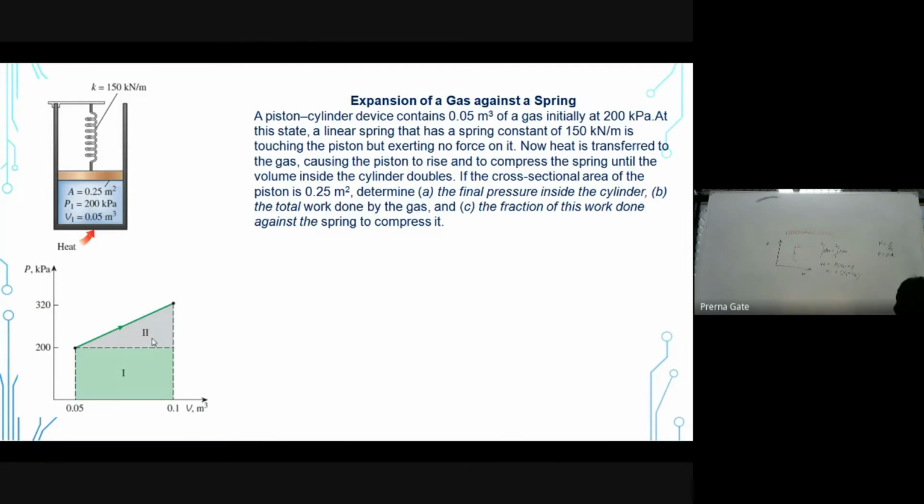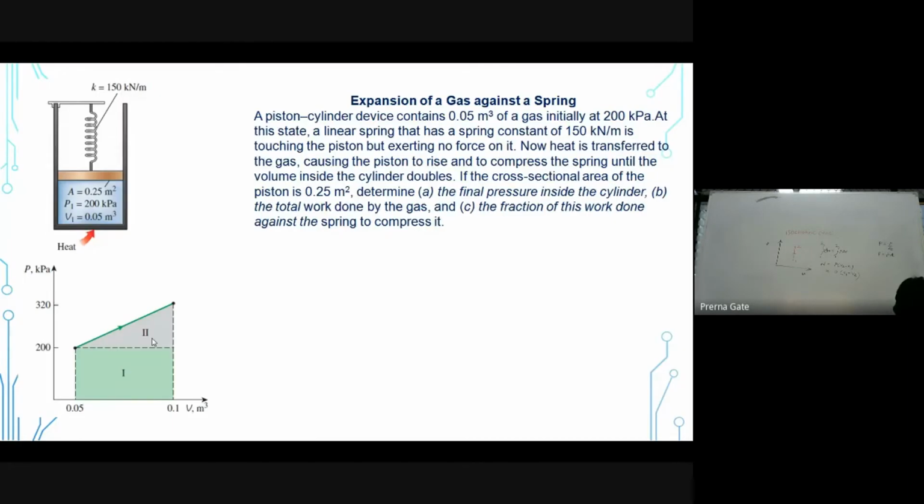Now heat is transferred to the gas, causing the piston to rise and compress the spring until the volume inside the cylinder doubles. If the cross-section area of the piston is 0.25 meter square, you have to determine the final pressure inside the cylinder, the total work done by the gas, and the fraction of this work done against the spring to compress it.